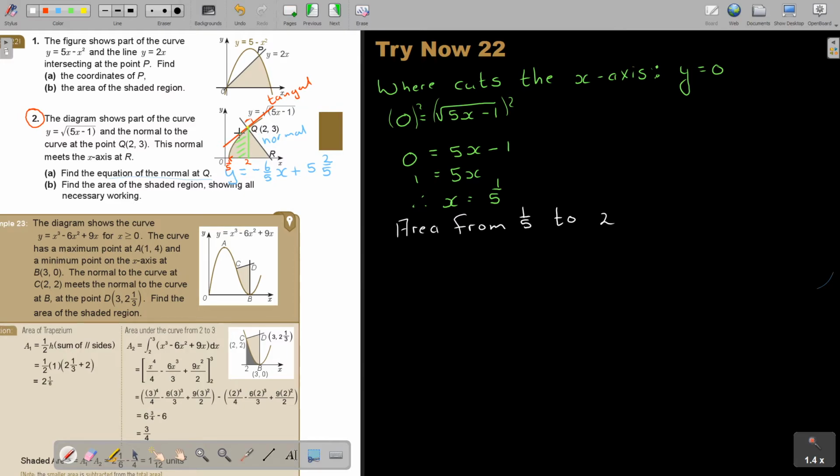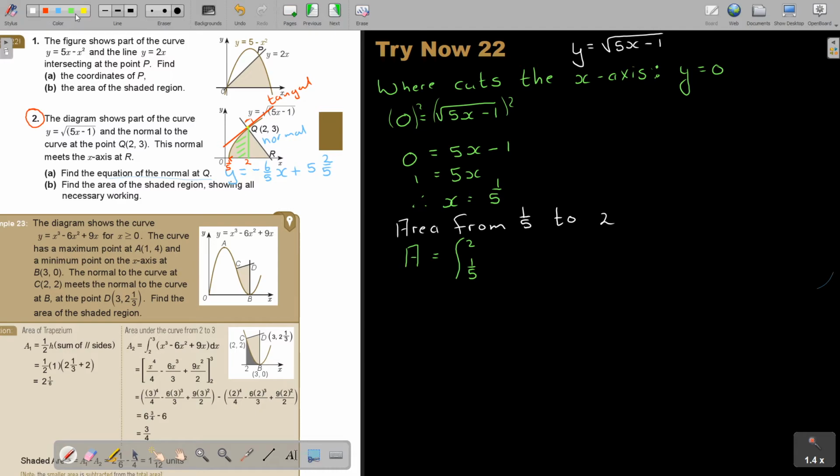I'm going to use the curve. Can you see that? So I'm going to say the area, and it's between 2 and 1 over 5. And what is my formula? Can you still remember that? I'm just going to write it down here. The formula of the curve was the square root of 5x minus 1.